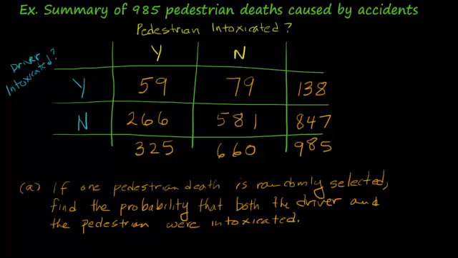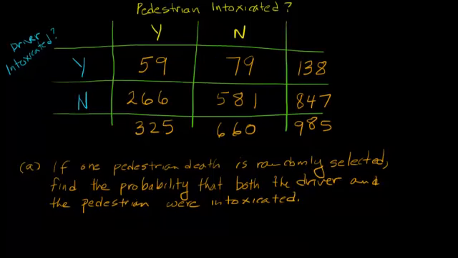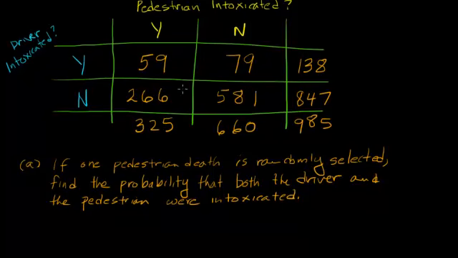Okay, now we're selecting one pedestrian death from our records of pedestrian deaths. Just one selected, and we want to find the probability that that one we select out of 985 has these characteristics. Both the pedestrian and the driver were intoxicated.